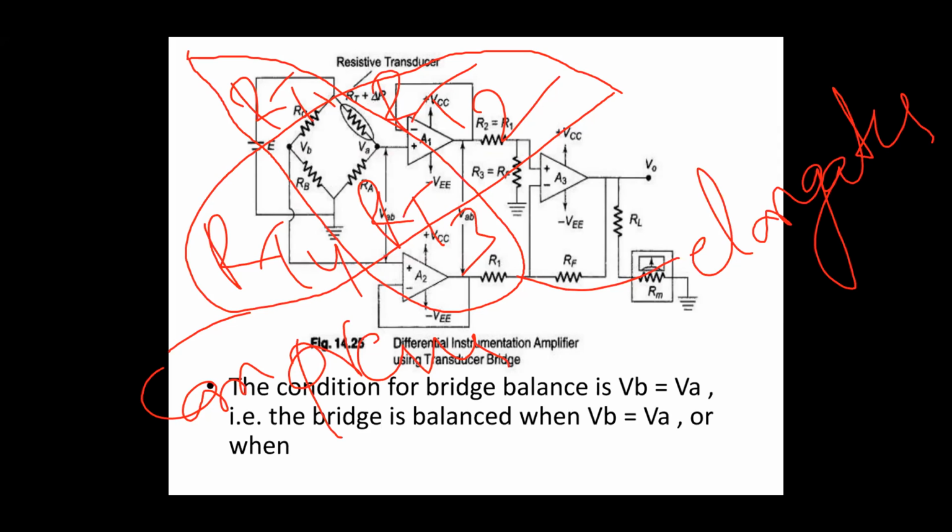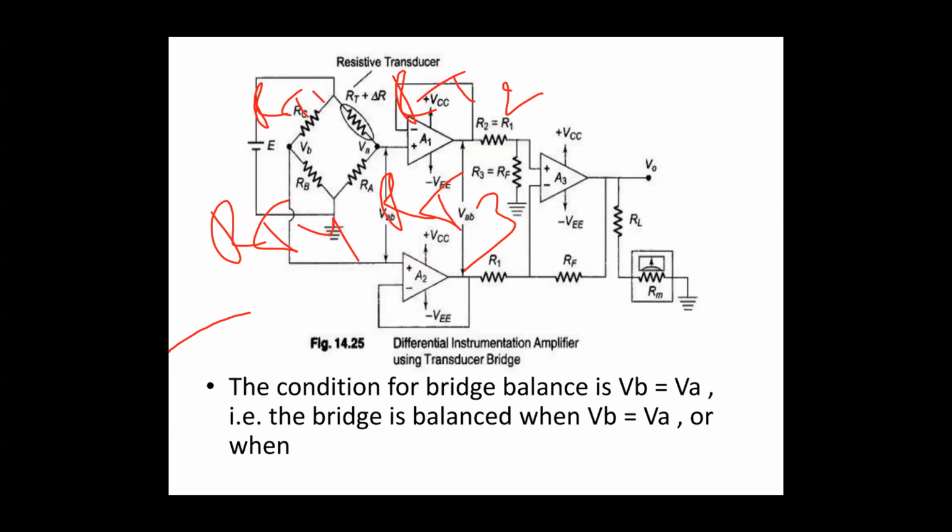Another pair, RT2 and RT4, is compressed, so the resistance decreases. The bridge is balanced when no external force or weight is placed. So that means what?